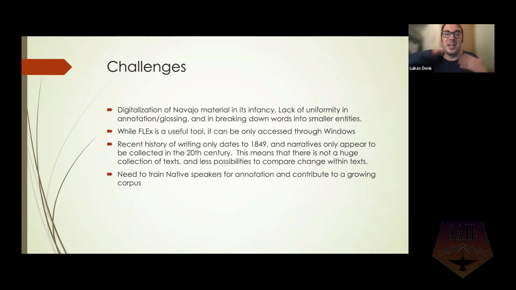So one challenge is that the digitalization of Native American languages, that's always a challenge. There's not even many resources, but Navajo has more than other languages. And then there's a lack of uniformity, because what's specific to Navajo is how do we gloss the words. So some linguists say, oh, it's like an agglutinative language.